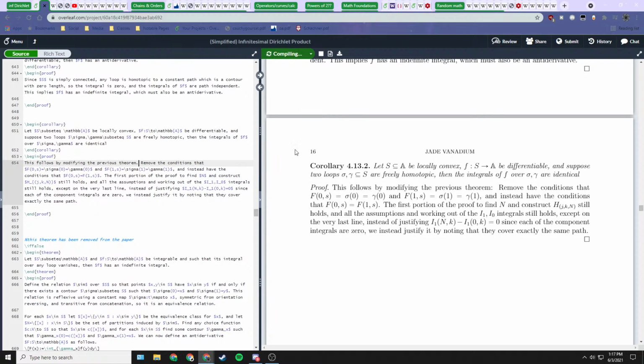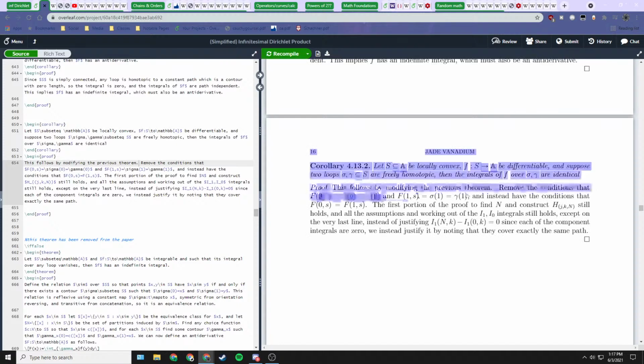So we remove these edge conditions for the start and end point being fixed, and instead replace them with the condition that the start and end point are the same, regardless of what they are. It doesn't have to be fixed.